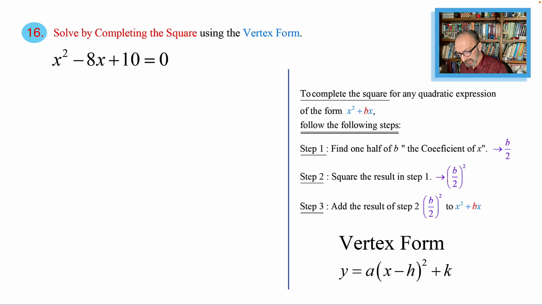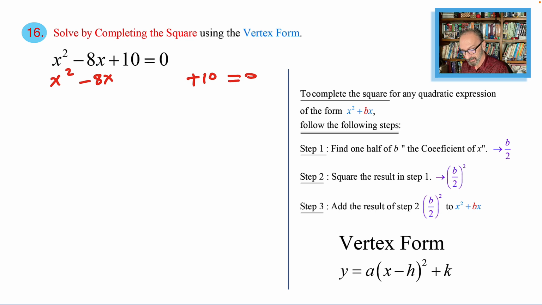We have x to the second minus 8x plus 10. Let's move the 10. So we could focus on the expression as the note says. The note says we're looking at x to the second plus bx.